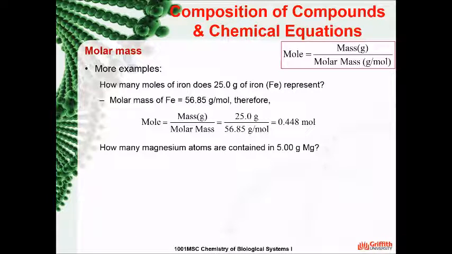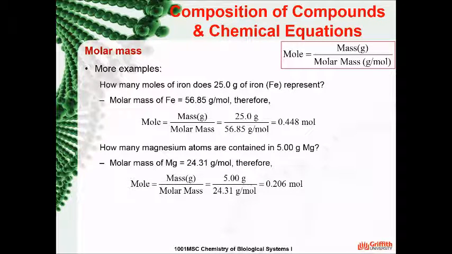Another example. How many atoms are there in 5 grams of magnesium? To do these types of questions, we need to calculate how many moles we have. Then we can use Avogadro's number to calculate the number of atoms. From the periodic table, the molar mass of magnesium is 24.31 grams per mole. Therefore, moles is equal to 5 grams over 24.31 grams per mole, which is equal to 0.206 moles.